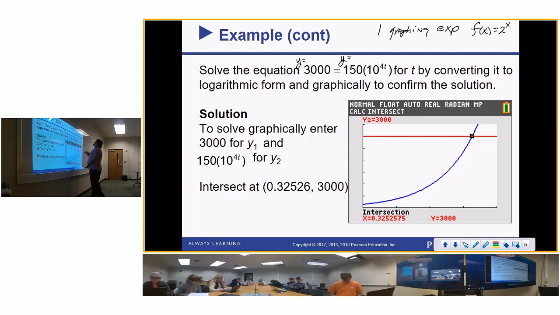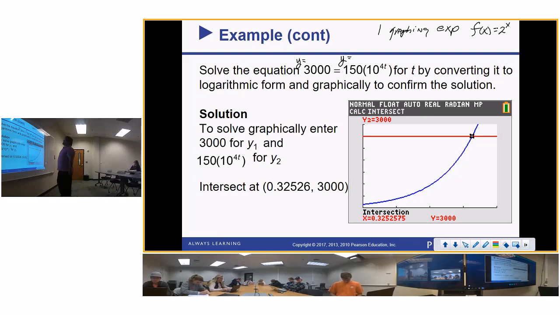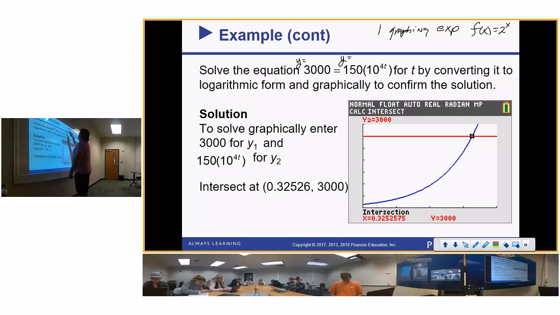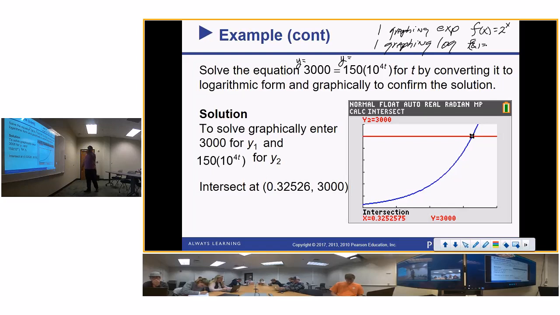Everybody remember doing that one? Okay? And then you will get one graphing a logarithm. It may be like this one. But that's part of your 10% questions. f of x is equal to whatever this comes out to be, or you can do it as an exponential, but you can also graph it as a logarithm also.